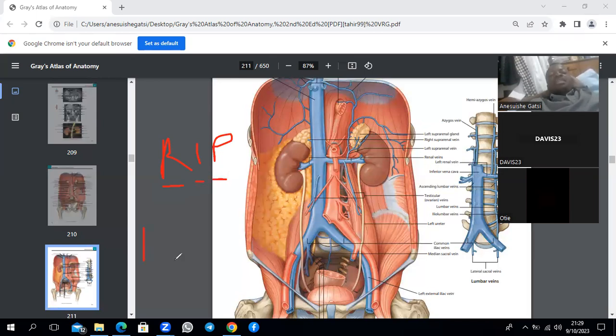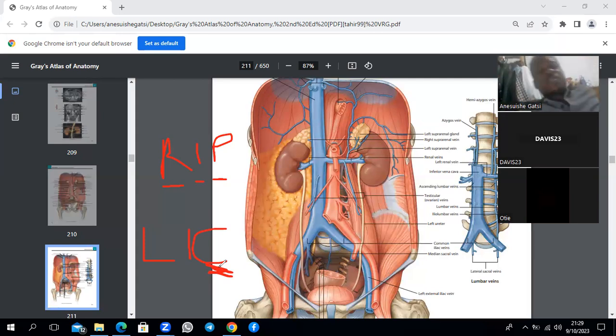Then the other one is LIC. I don't know what you used to remember LIC. The left suprarenal gland is crescentic in shape. It's like a quarter moon, right? Okay. So right is pyramidal, left is crescentic.